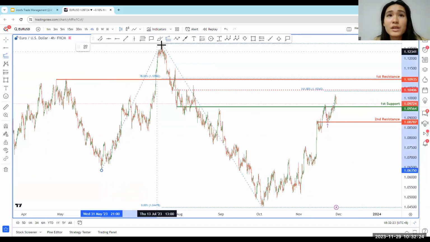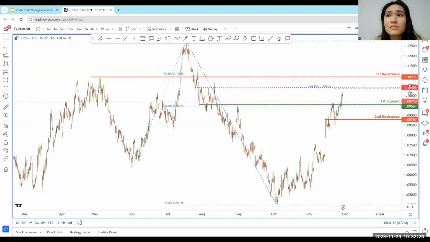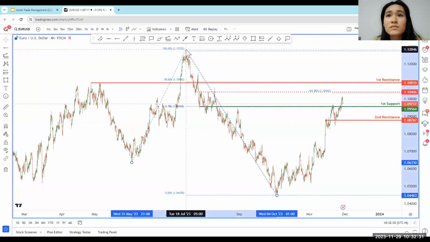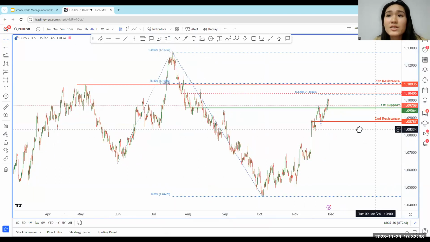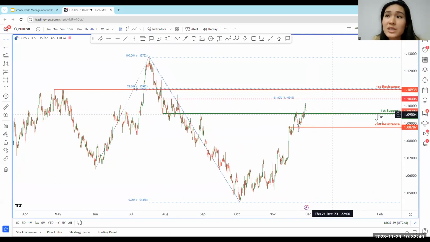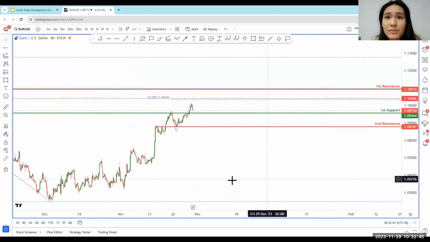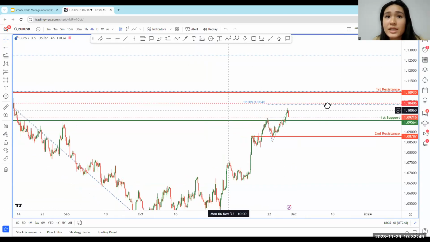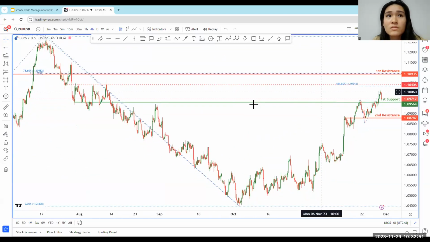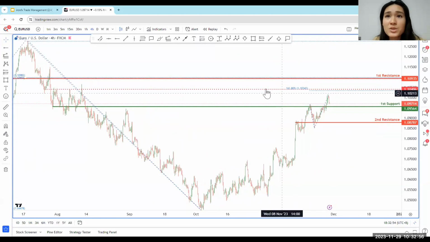Maybe if we take this big shape here. Okay, my 100% lines up, even though the 78.6 did line up earlier, as you saw, but price already broke it. So we're going in with a buy towards our level over here, towards the 161.8.